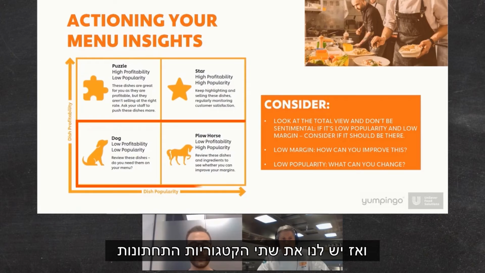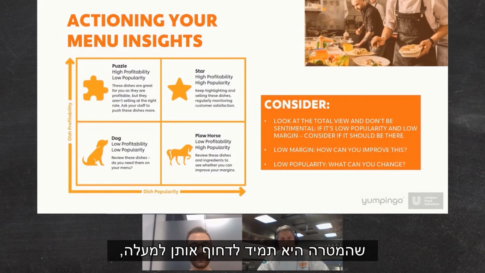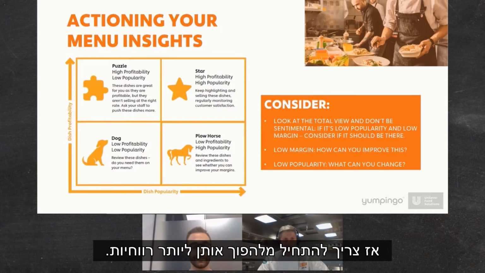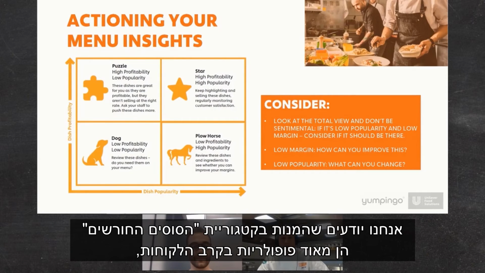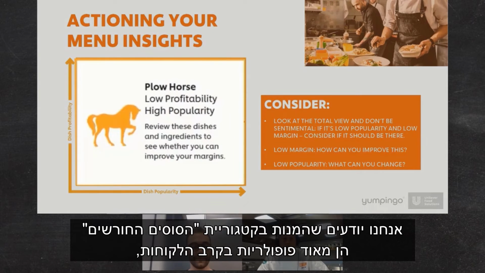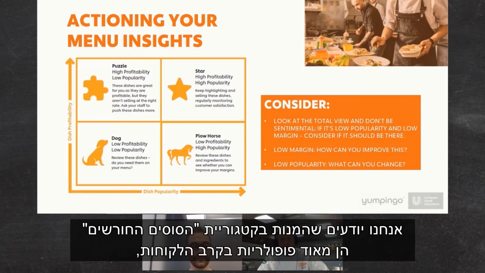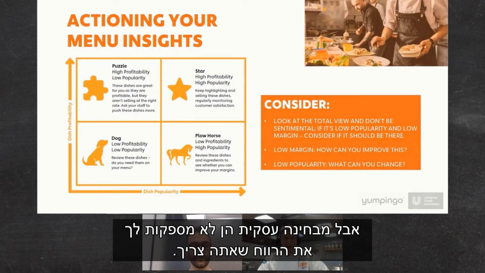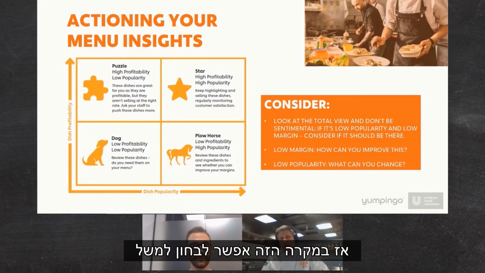And then when we're in the bottom 2, the goal is always to push them up. So let's start by making them more profitable. The plow horses, we know that they're super popular within your customers, but what they're not doing is delivering what you need as a business, which is that profitability angle. So here is when you can start taking a look at the cut of meat you're using, the weight at which you're serving it.